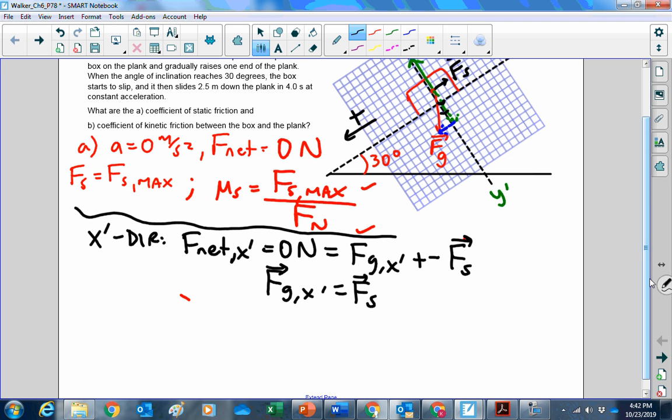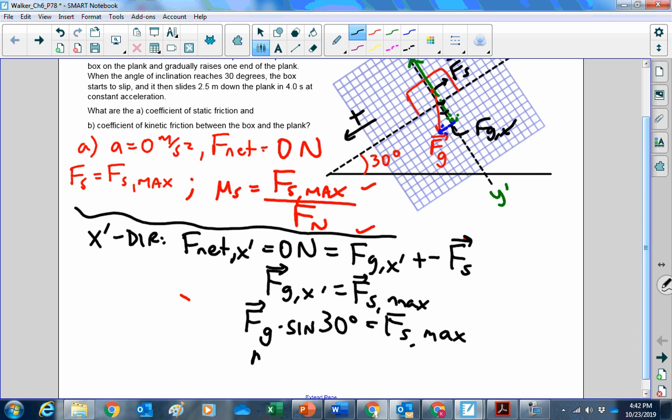So then FG x prime is this one, and that is opposite of that angle. So I can take hypotenuse times sine of 30, and that would tell me what Fs max is, which I'm going to need later. So this would be mg sine 30 degrees. Okay, I'll use that in a minute.